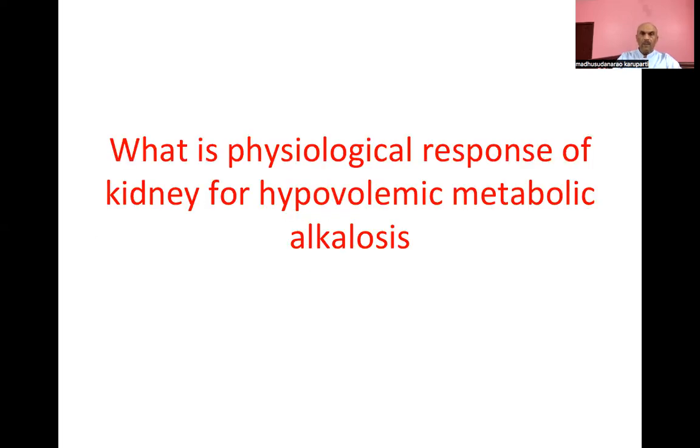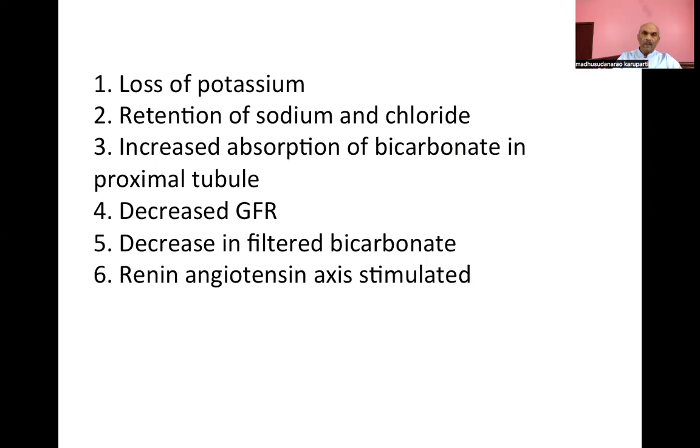What is the physiological response of the kidney to hypovolemic metabolic alkalosis? The kidney responds with, as I told you, the renin-angiotensin aldosterone mechanism, which results in the retention of sodium and chloride for the replenishment of the volume, and at the same time there is a lot of loss of potassium.